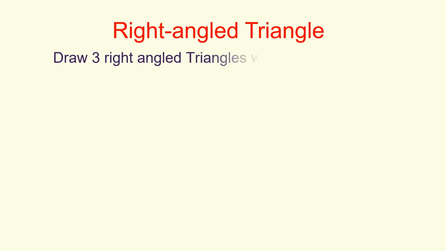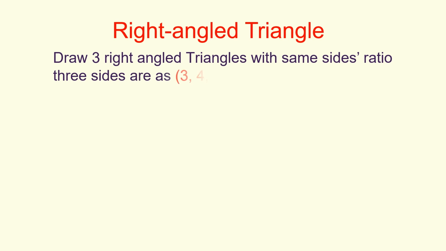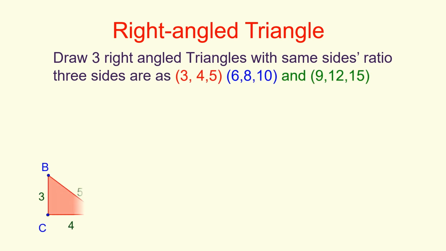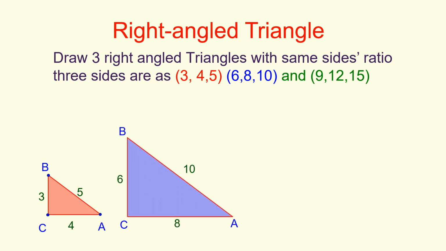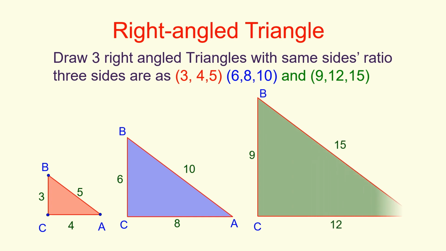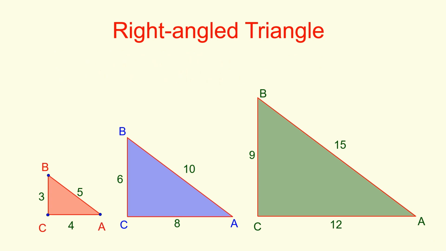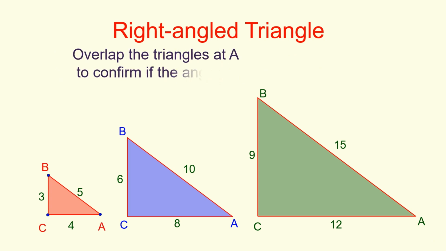Draw three right-angled triangles with the same sides ratio. Three sides are 3, 4, 5; 6, 8, 10; and 9, 12, 15. Overlap the triangles at A to confirm that angle A is the same.